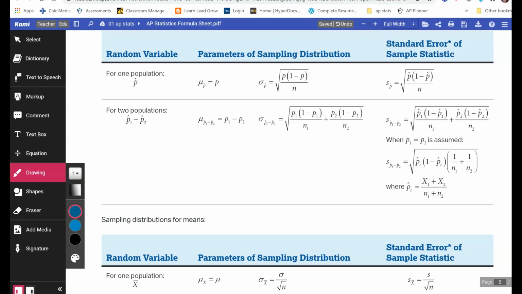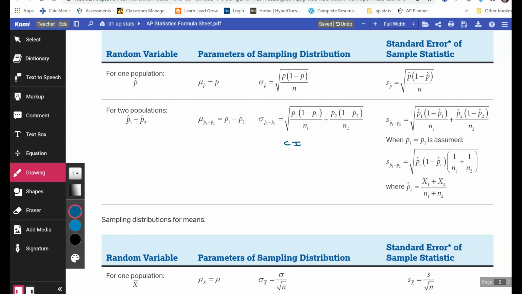We have two standard error formulas. For the first formula, we use that for confidence intervals. But for a two proportion z-test, we actually don't use that p1q1 over n1 plus p2q2 over n2.